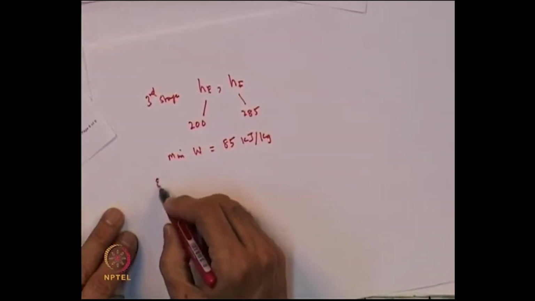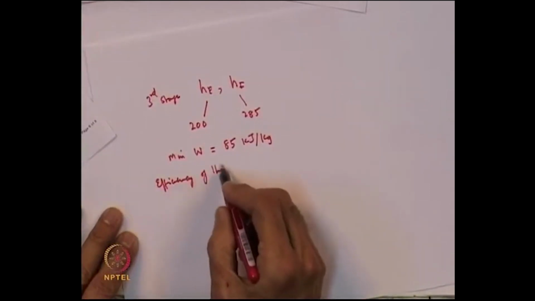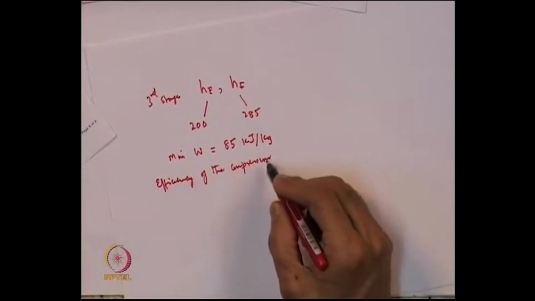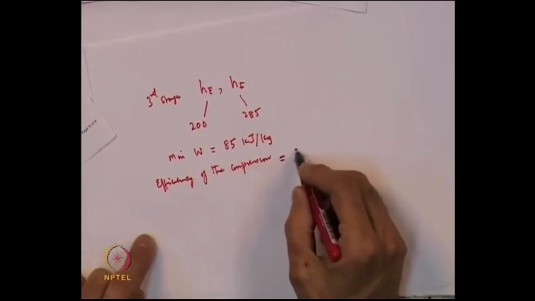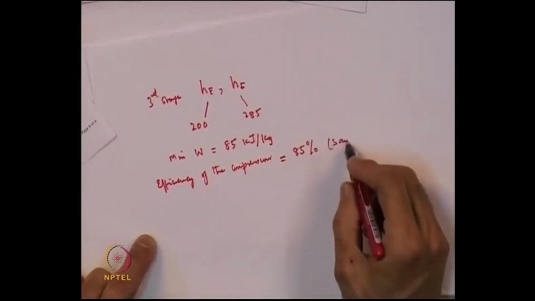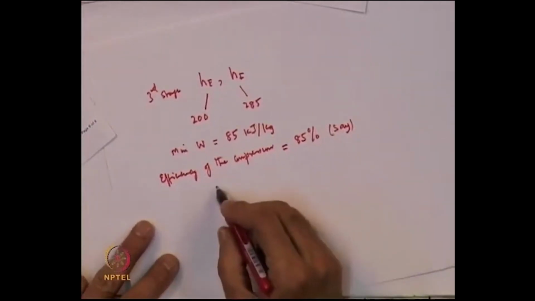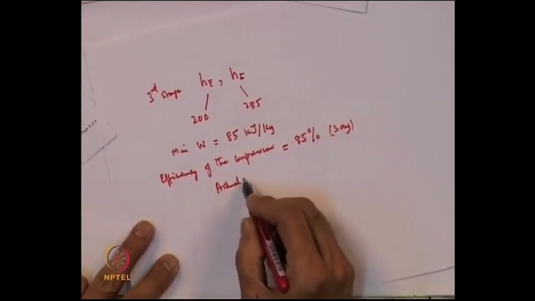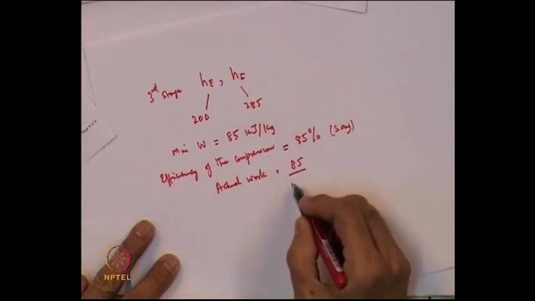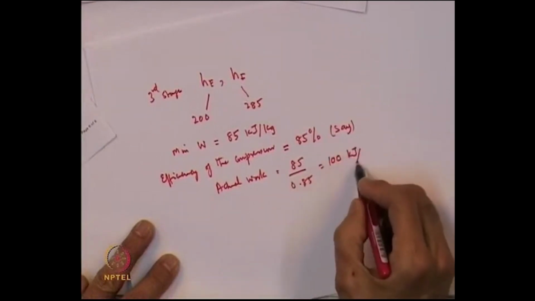Now, if you are given that the efficiency of the compressor is say 85%, this is given, typical values for compressor efficiencies, then the actual work is 85 by 0.85, or it is 100 kilojoules per kg.